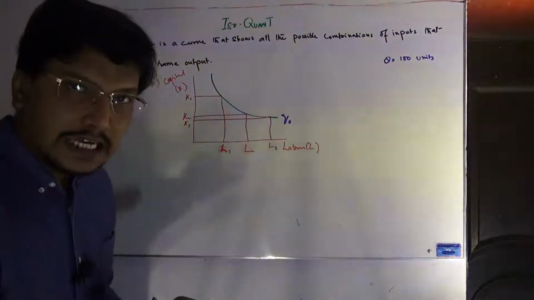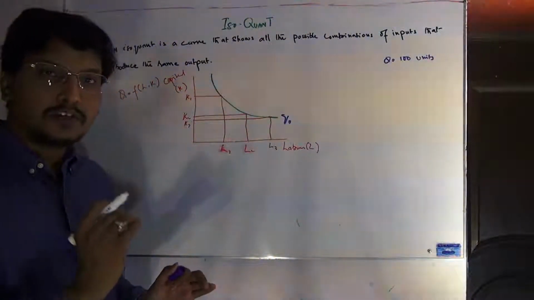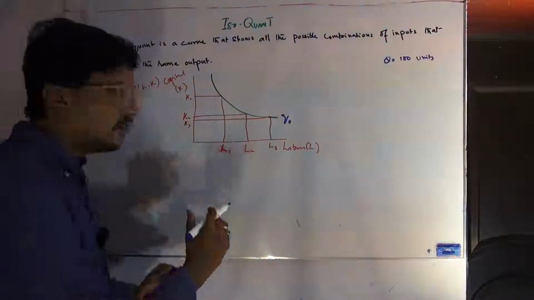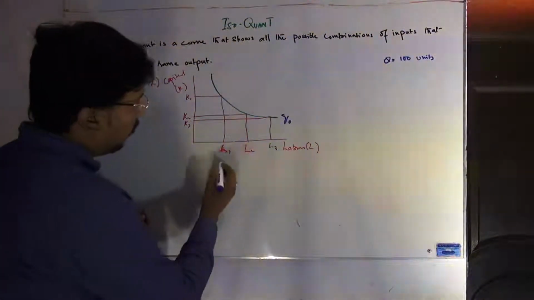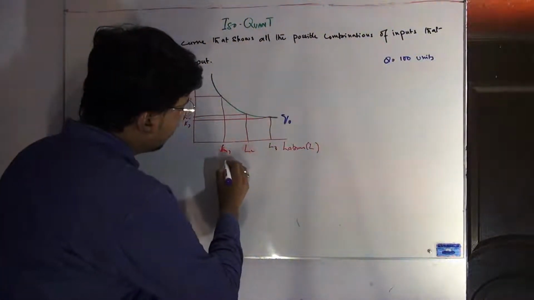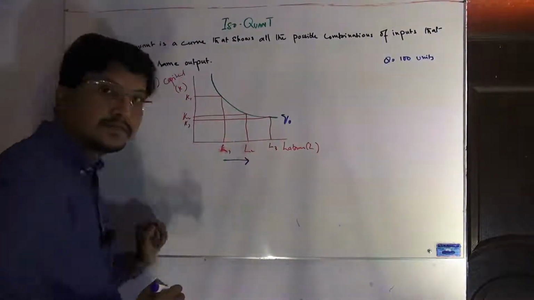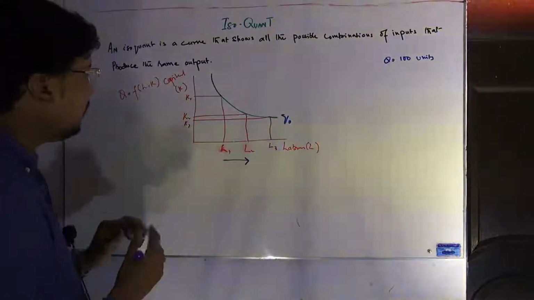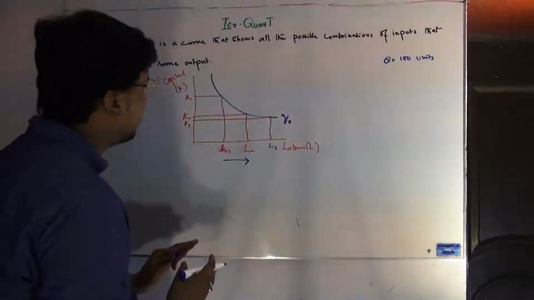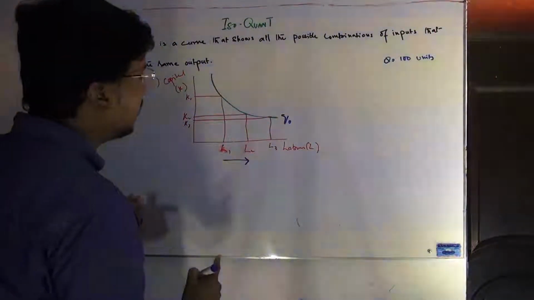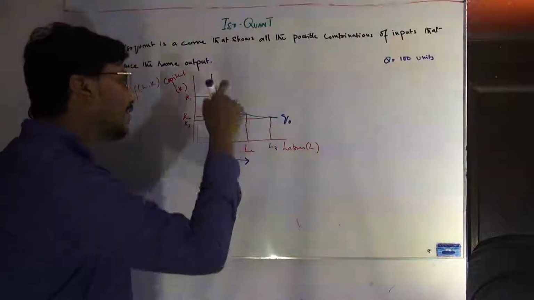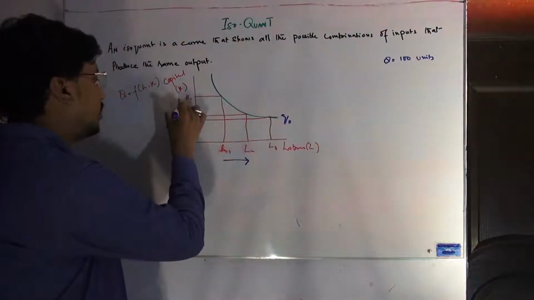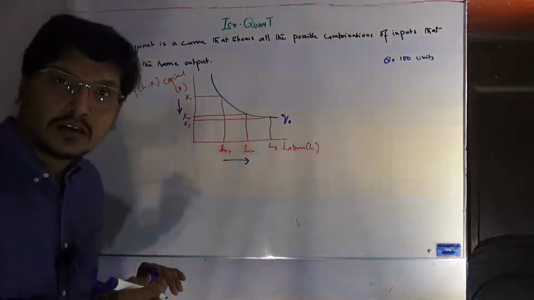When the firm focuses on more labor, it is trying to be labor intensive. So the labor is increasing. If the firm increases labor, then to stay on this same isoquant, the firm has to reduce the amount of capital.